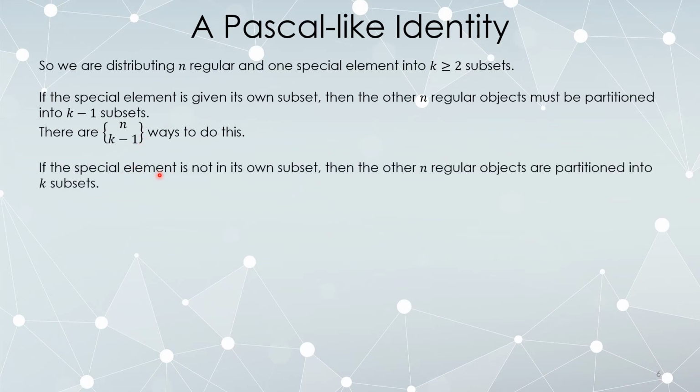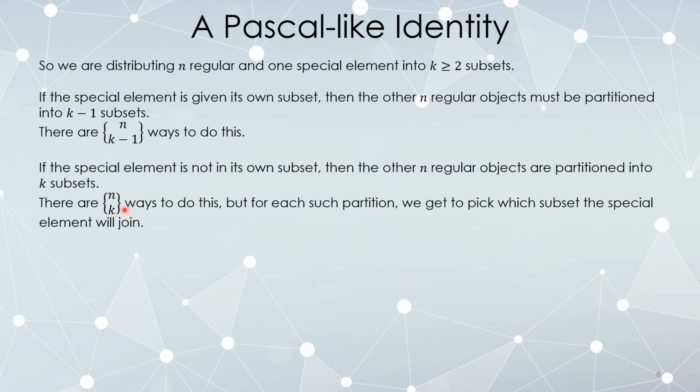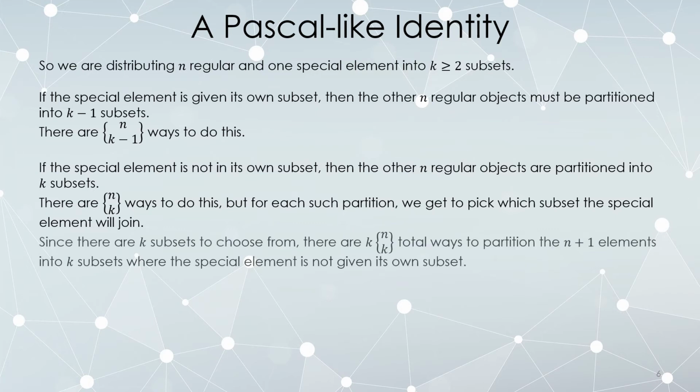But what if the special element isn't in its own subset? Well, then all the rest of the regular objects are partitioned into all of the subsets, all k of them. And there's exactly this many ways to do that. But for each such partition, we have to pick which subset the special element is going in. All we've done is assume the special element is not by itself, but we haven't actually specified which set it goes into.